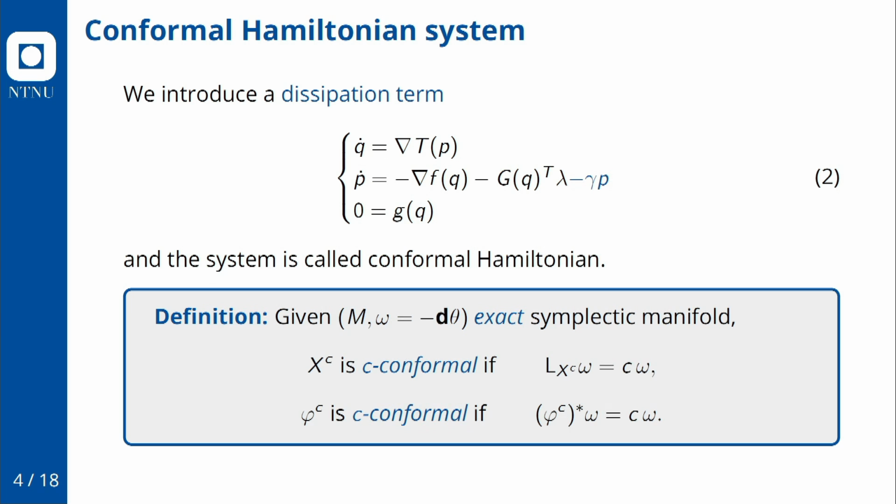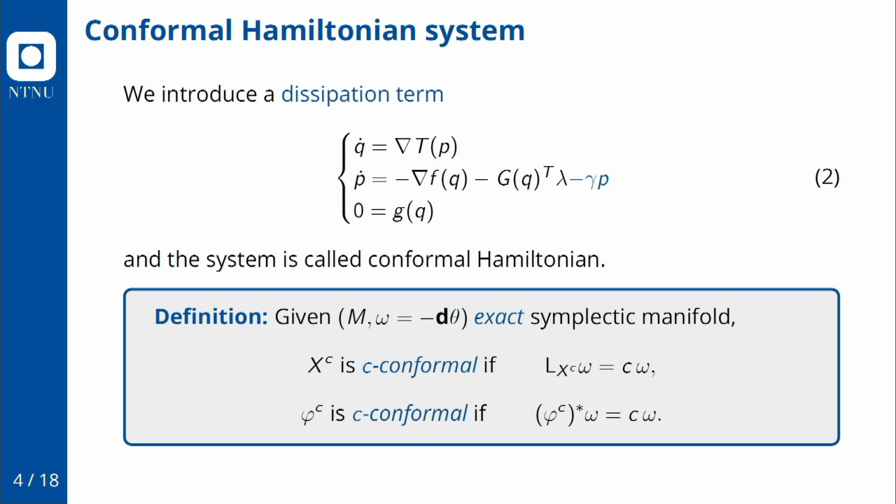Then we can define a conformal vector field and a conformal flow, as you see here. A vector field X is conformal with respect to the parameter c if the Lie derivative with respect to X of the 2-form omega is c times omega, and we have a similar definition for the flow, for which we consider instead the pullback.